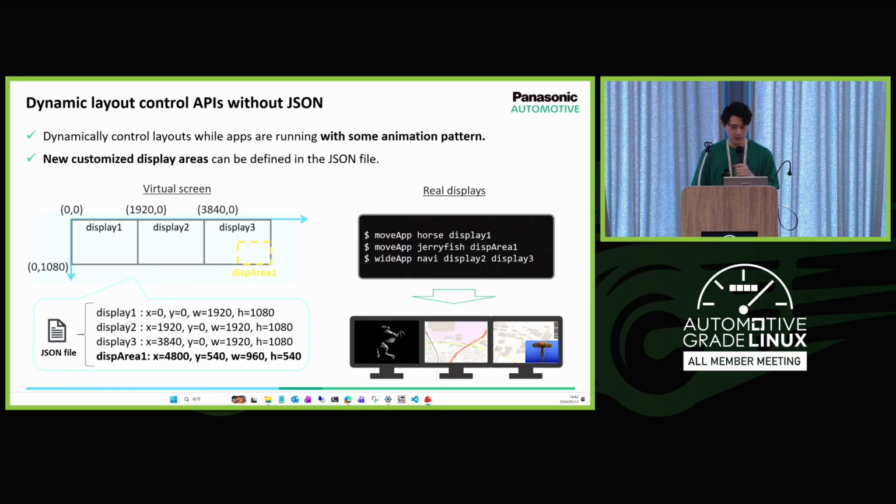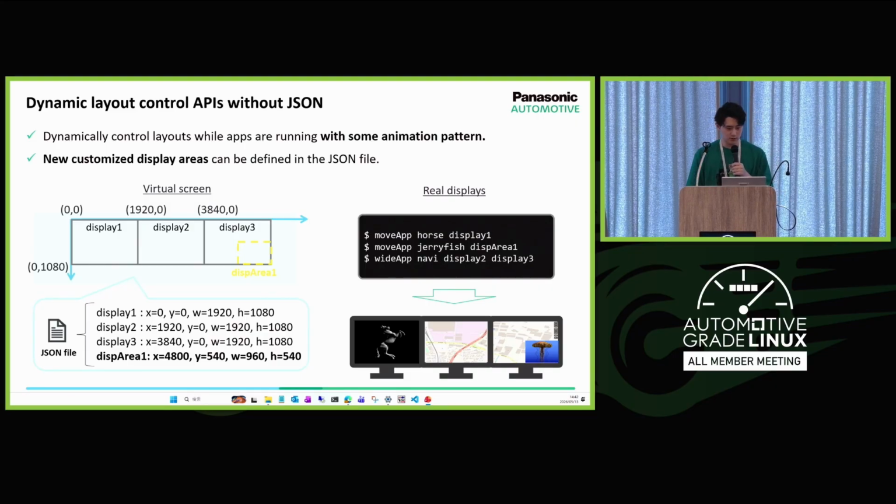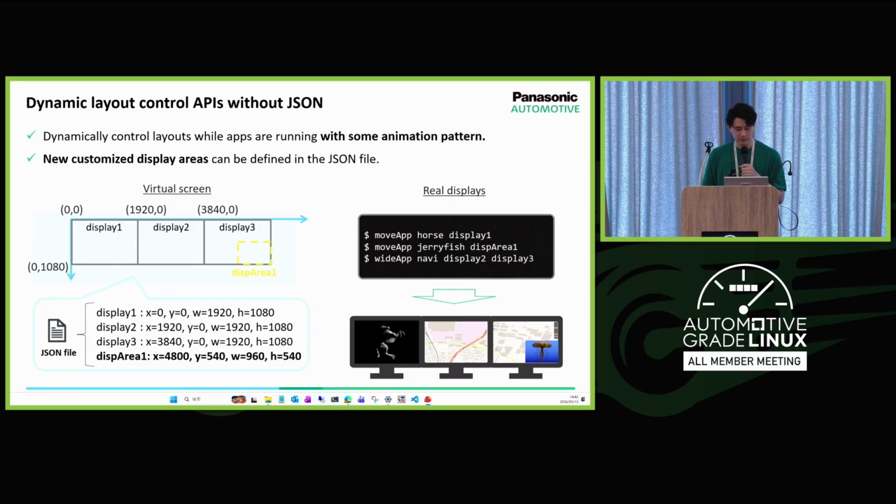In this slide, I will explain how Unified HMI version 3 enables dynamic layout control without relying on JSON files at runtime. First, I want to clarify one important point. While runtime layout control no longer requires JSON files, a display environment definition JSON file is still necessary.